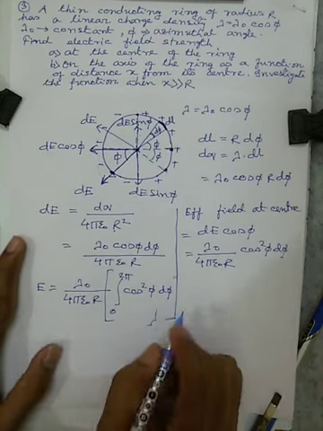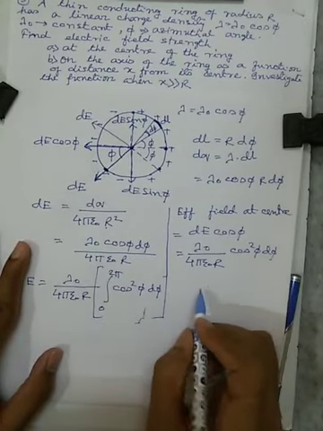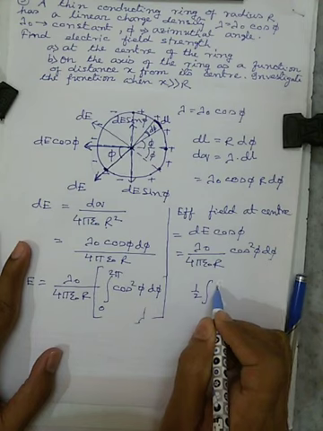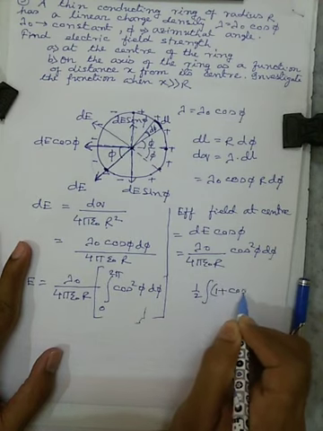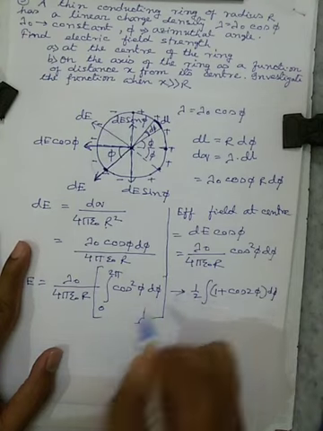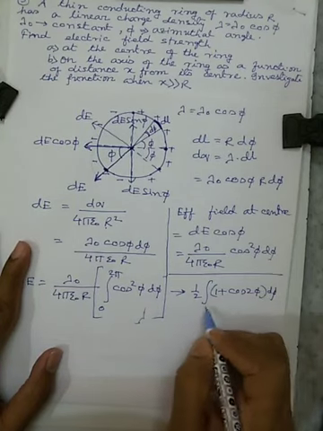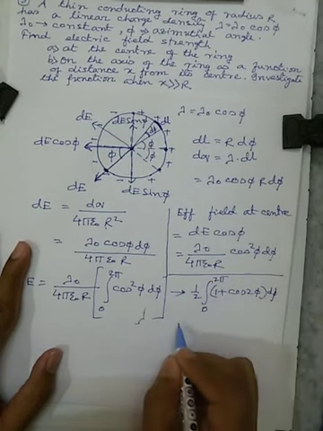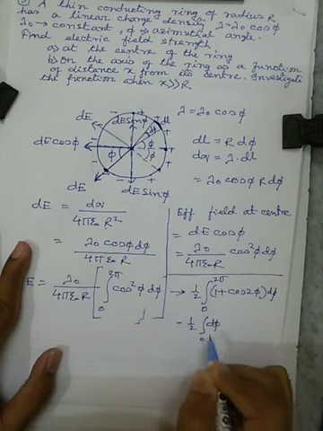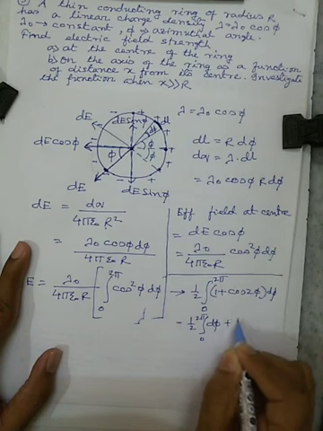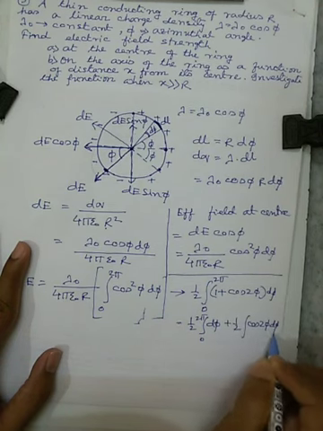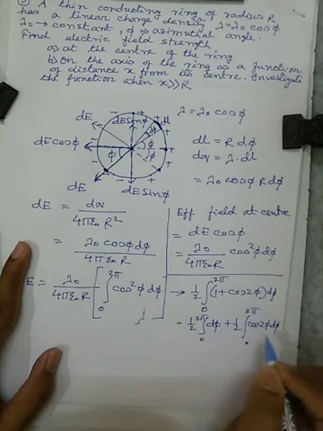I hope you can do this. Cos square phi d phi, that is half into 2 cos square phi. We can write this as half of 1 plus cos 2 phi d phi. I am performing this integration here, 0 to 2 pi. This is equal to half d phi 0 to 2 pi plus half cos 2 phi d phi 0 to 2 pi.